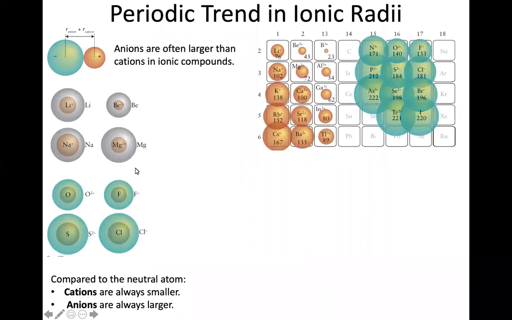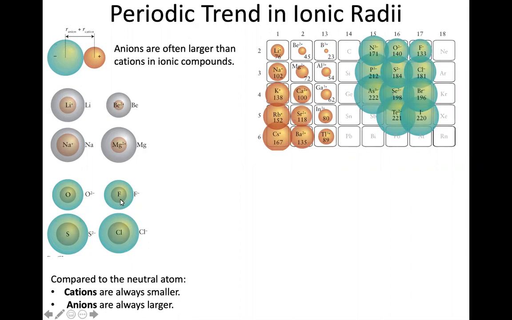On the left-hand side, for these elements at the top, lithium, beryllium, sodium, magnesium, they're showing in gray what the neutral atom would be, and in the darker part, the resulting cations. Notice for these metals, the cations are always smaller than the neutral atoms.